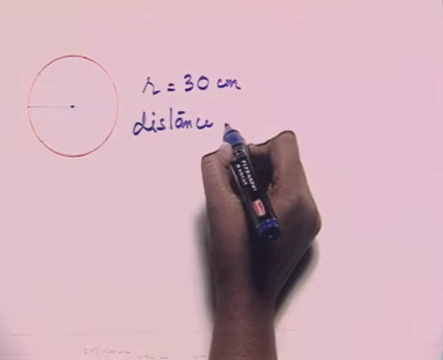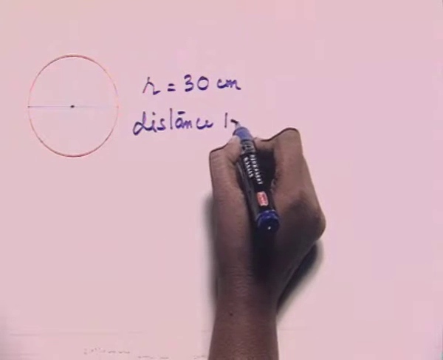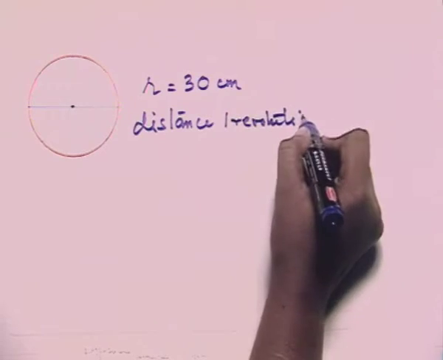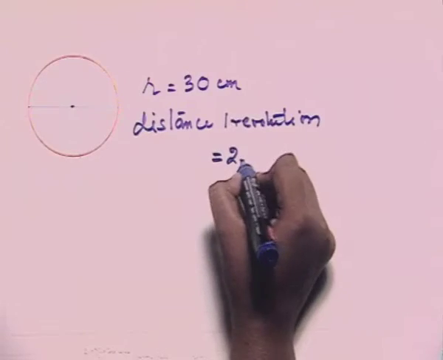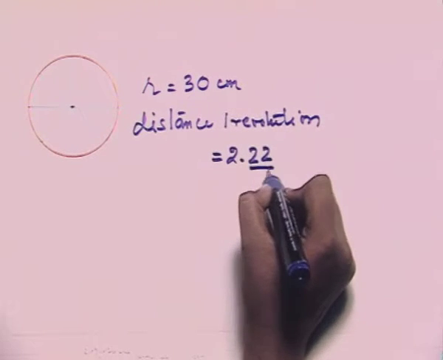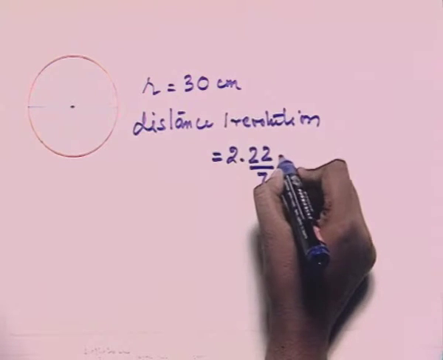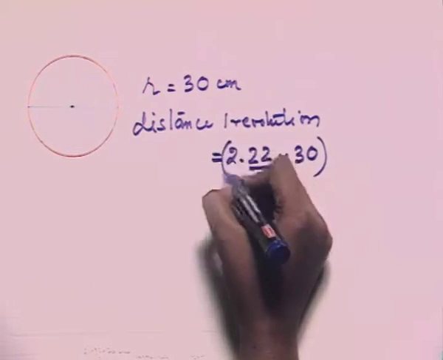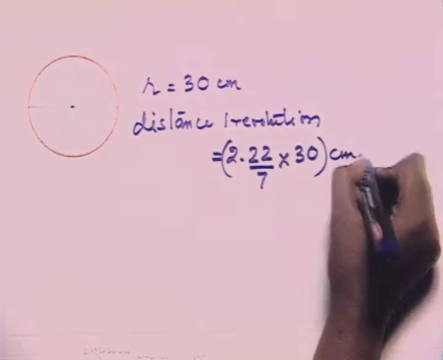So, the distance covered in one revolution will be equal to 2 times, circumference is 2 pi r. So, 2 times 22/7, taking pi as 22/7, into radius is 30 centimeter. So, this is the distance covered by the wheel in one revolution.